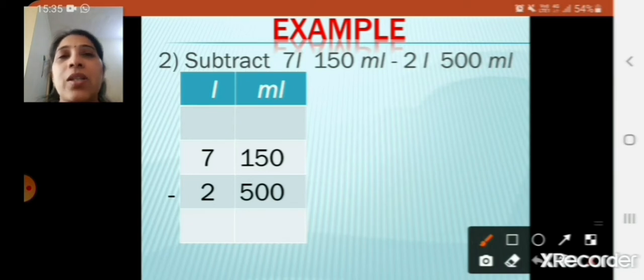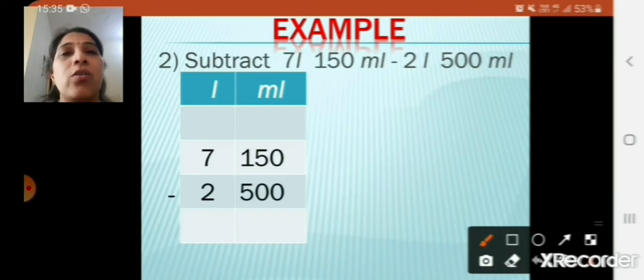Do you remember children, in measuring time what we had done? Hours and minutes were there, right? We borrowed 1 hour from the hours column, we converted it into minutes and we added it to the minutes column. Same way we are going to do it over here also. We are going to borrow 1 liter, convert that 1 liter into milliliter and add it. Then we can carry out the subtraction.